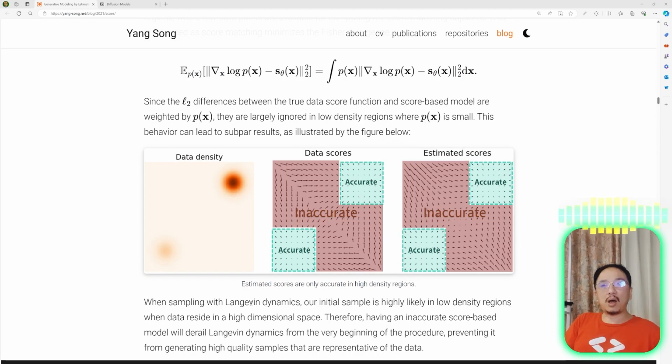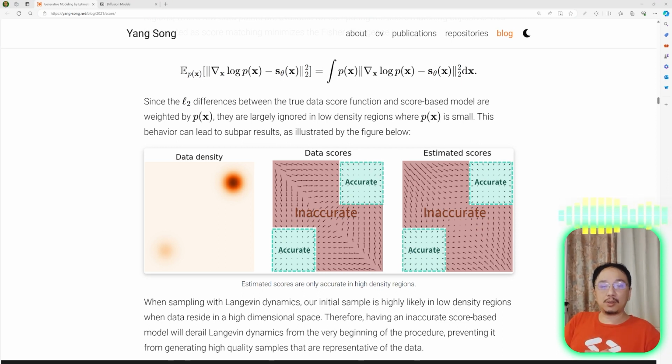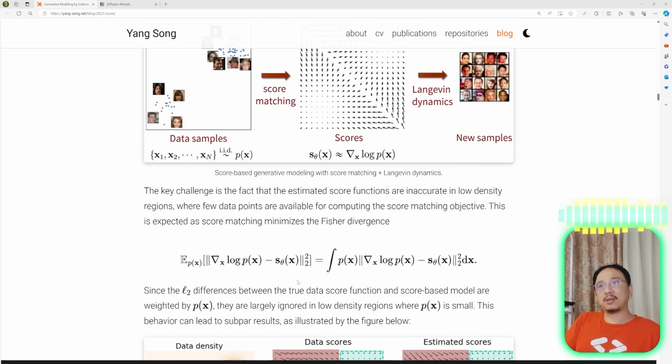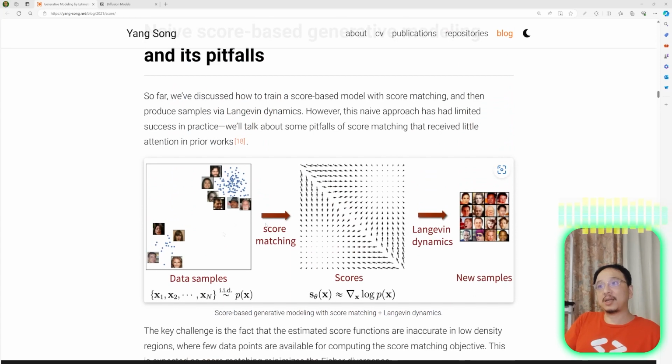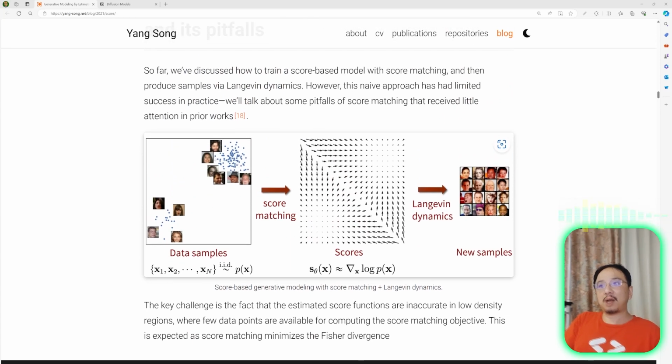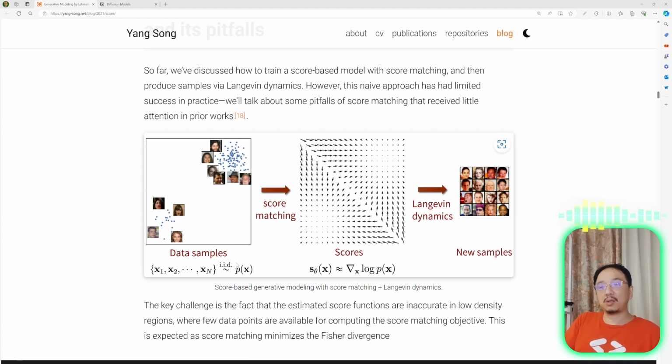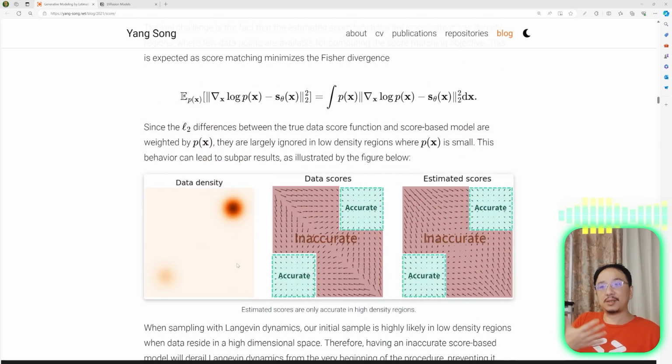So although our method is theoretically sound and quite efficient because we're using score matching and Langevin dynamics, because of the imbalanced distribution of the data, because the data is concentrated at certain points and sparse in the rest of the space, we still cannot train the score function accurately enough, at least not with the naive method.